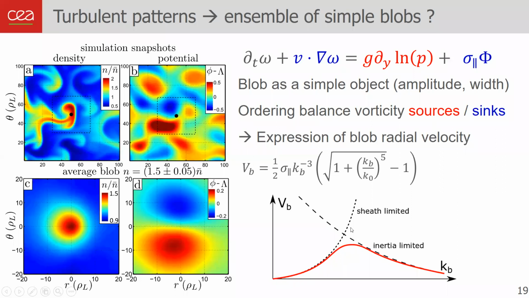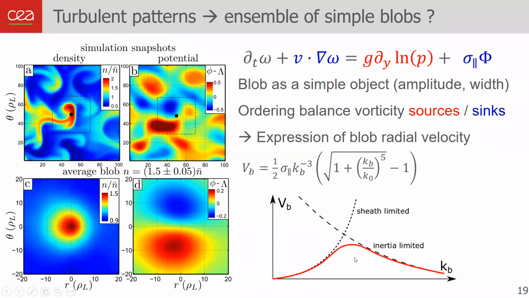So you have basically two asymptotic limits: the sheath limit, when curvature simply compensates with parallel currents, and the inertia limit, where the curvature source competes with the inertia. Overall the blob velocity would depend like this, as a function of the wave number of the blob.